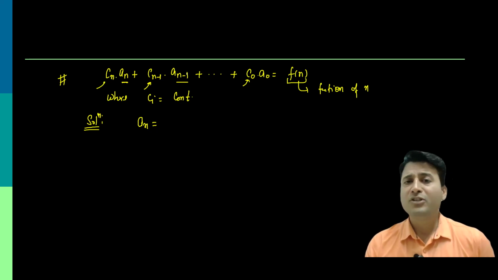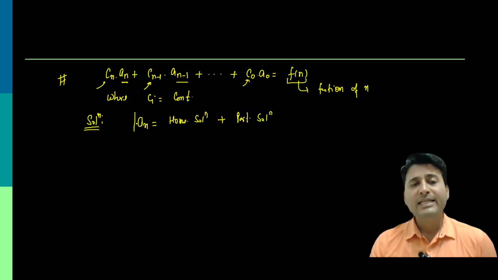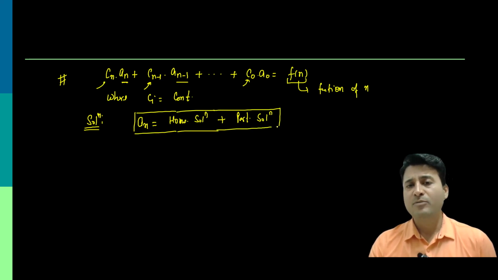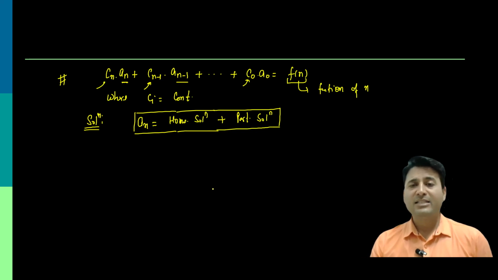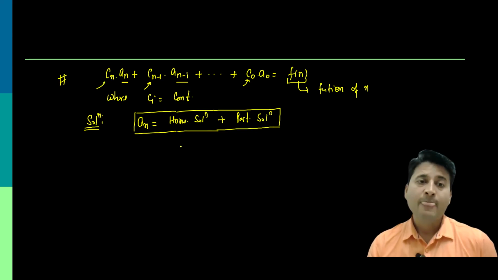Over here, the solution of this linear recurrence relation is also the sum of two parts. One is called the homogeneous solution, another is called the particular solution.